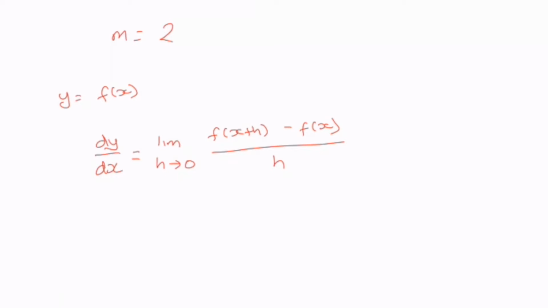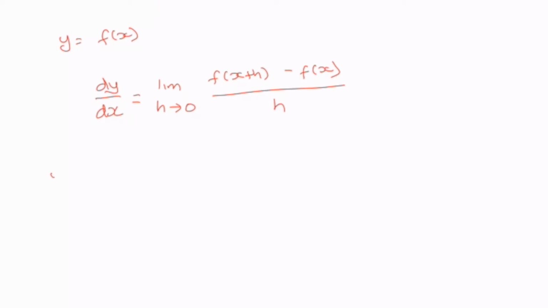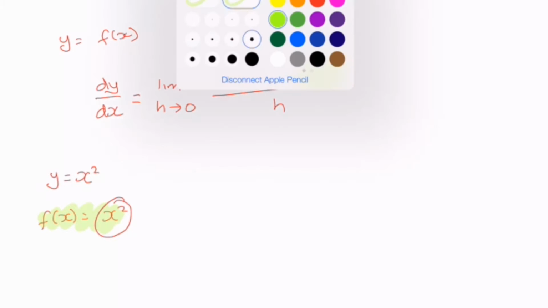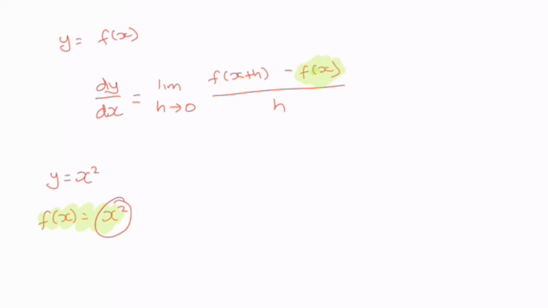Okay, and we're going to use the function y equals x squared. That basically means f of x equals x squared. So we know this part. Wherever we see f of x, we're going to add in x squared. We also need to calculate this, f of x plus h.